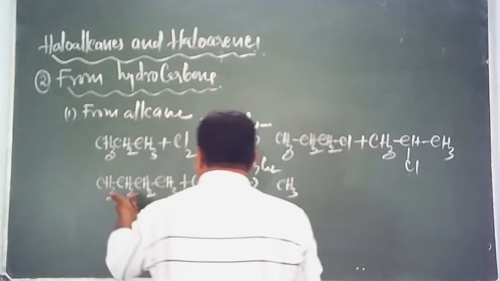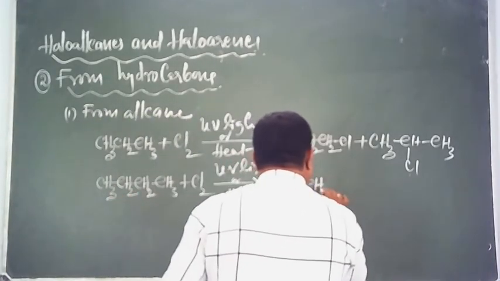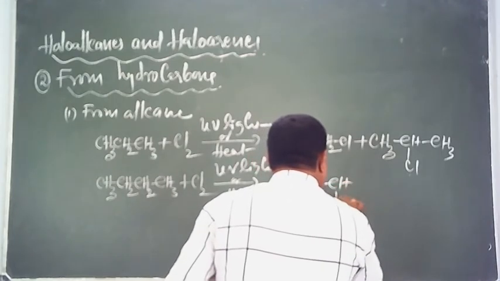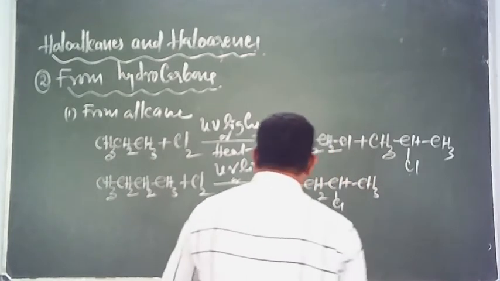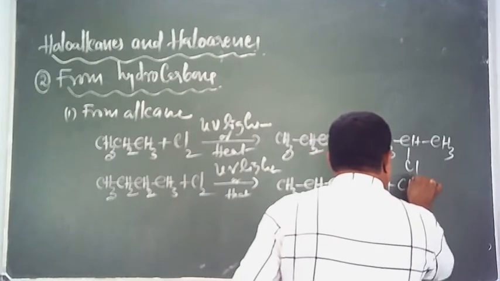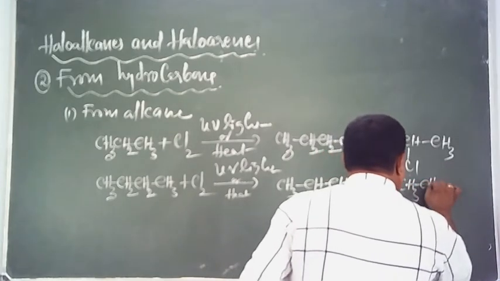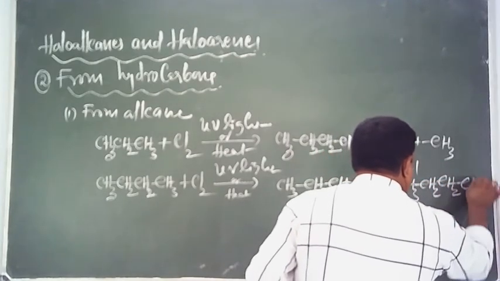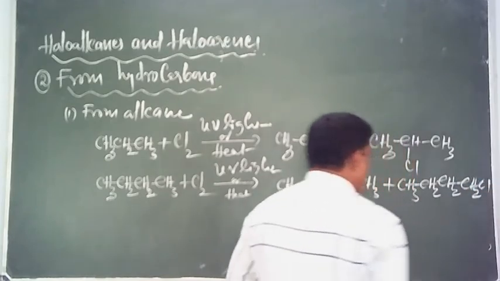Mono we get 2, CH3CH2CHClCH3. Another one is CH3CH2CH2CH2Cl.